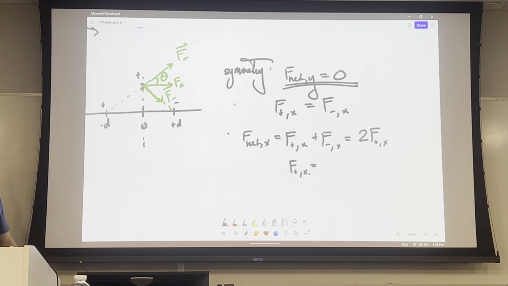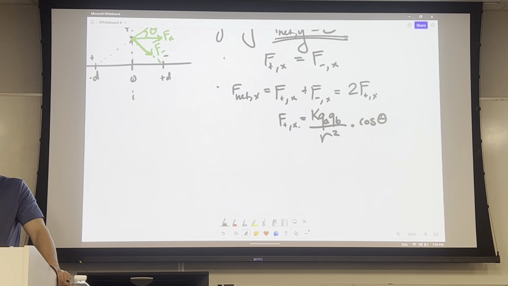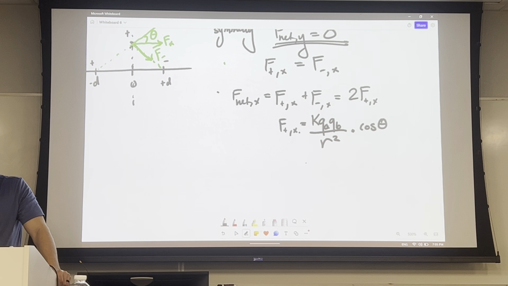To get the force, we apply Coulomb's law, which is k Q1, we'll call it QA QB over r squared, times the cosine of the angle theta, because it's the x component of it. Here, all of the charges are q, so this comes out to be kq squared over r squared.